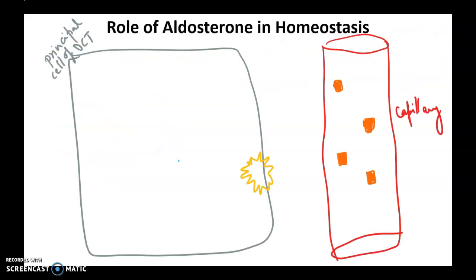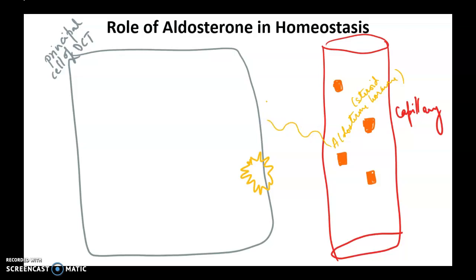All right, let's take a look. So what do we have here? We have a capillary, and within this capillary, we do see aldosterone. This is aldosterone floating around. Now remember, aldosterone is a steroid hormone. Do you remember that? It's a steroid hormone. Therefore, aldosterone will come out.